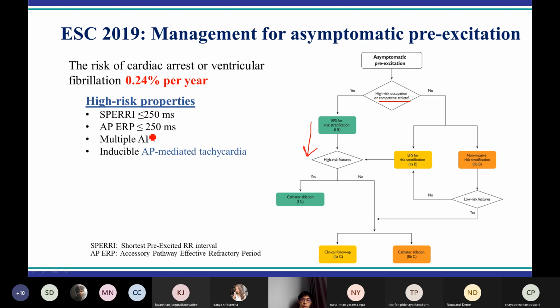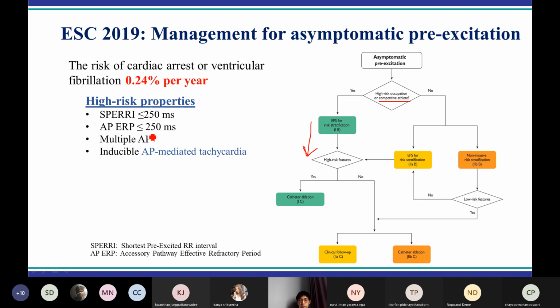There are multiple accessory pathways, or you could induce an arrhythmia inside the EPS, even if there's no arrhythmia in that patient's life. But when you put the catheter in, it could induce the arrhythmia using the accessory pathway. These are the high-risk properties. You don't have to worry about this now. I will talk about it later.